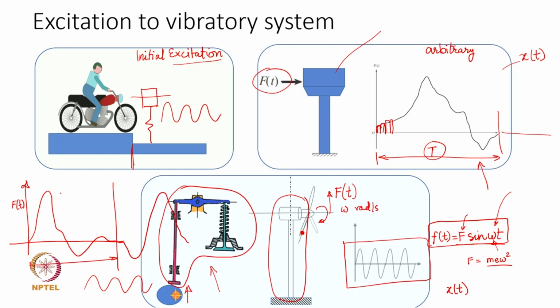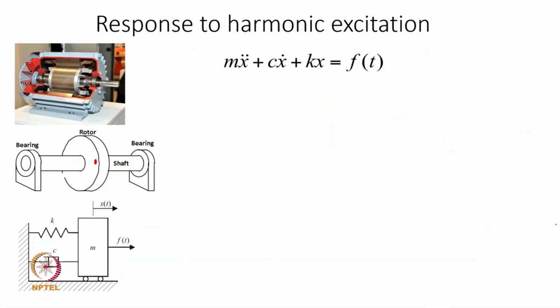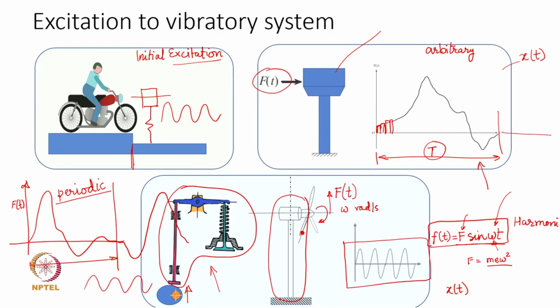So, this type of excitation, because it repeats after a certain period of time, is periodic excitation, which is going to be discussed and dealt with once we are done with the excitation which is harmonic in nature, because getting the response to harmonic excitation is mathematically straightforward and simpler, and the response to periodic excitation is a natural extension.